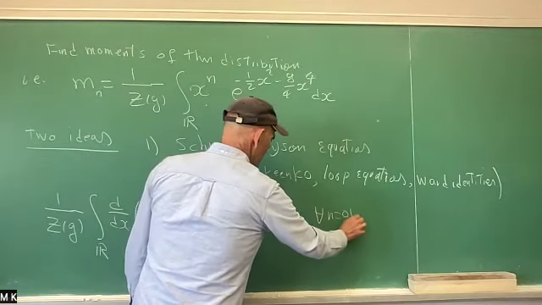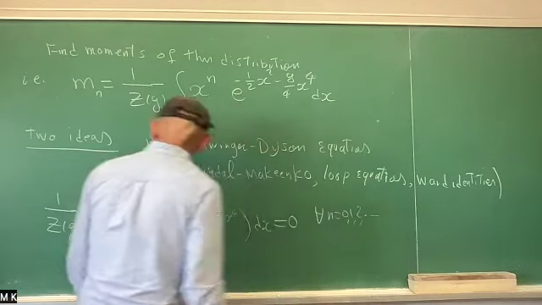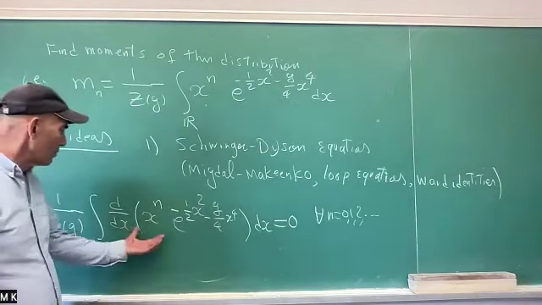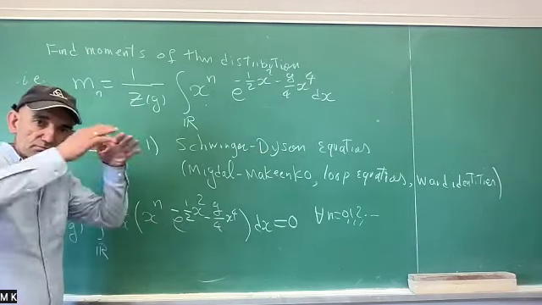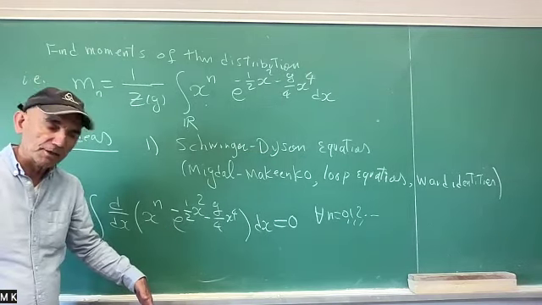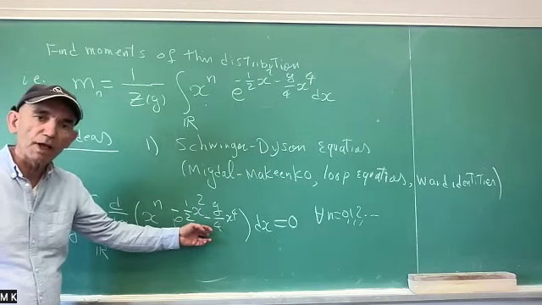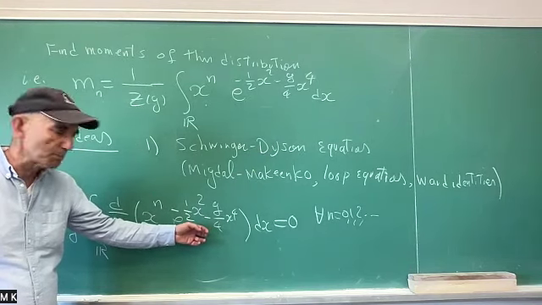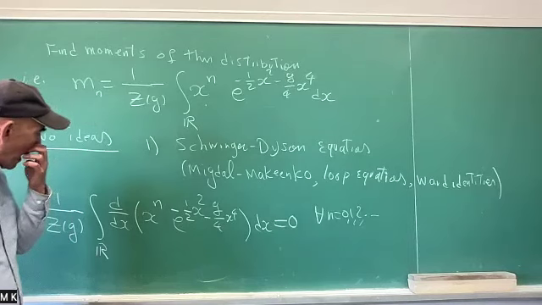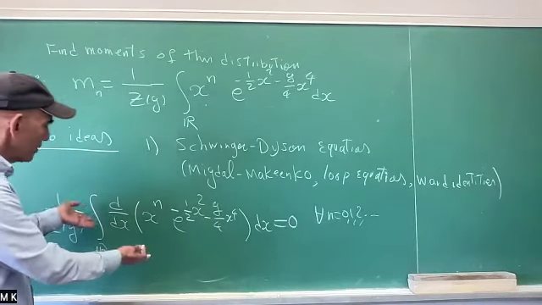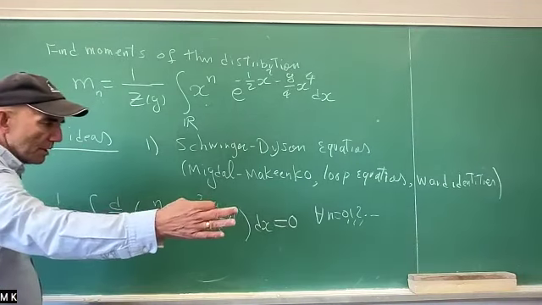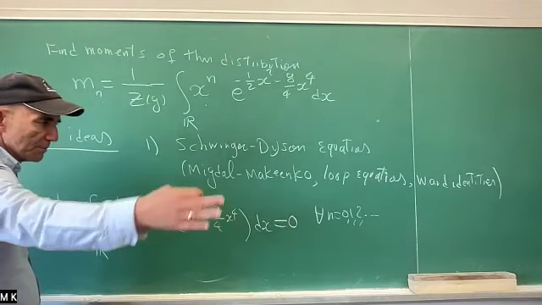I mean, because this function, even with x^n in front, is rapidly decreasing at infinity, because of the exponential decay at infinity in this part. So when we differentiate like this, by the fundamental theorem of calculus you have to evaluate at minus infinity and plus infinity.